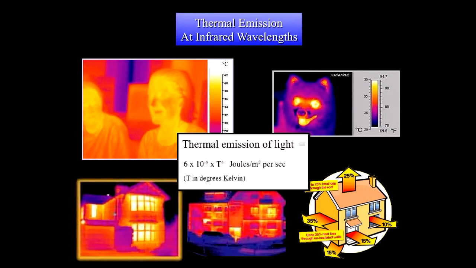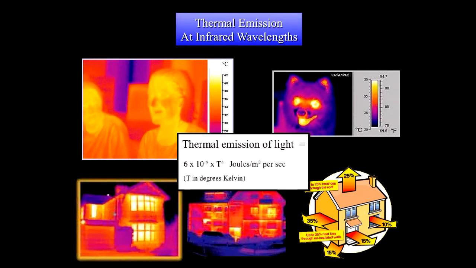So for example, if you double the temperature, and we are using here a temperature scale called Kelvin. You've all heard about the Kelvin scale from your chemistry class in high school. In the Kelvin temperature scale, when the temperature doubles, how much does the thermal emission go up?